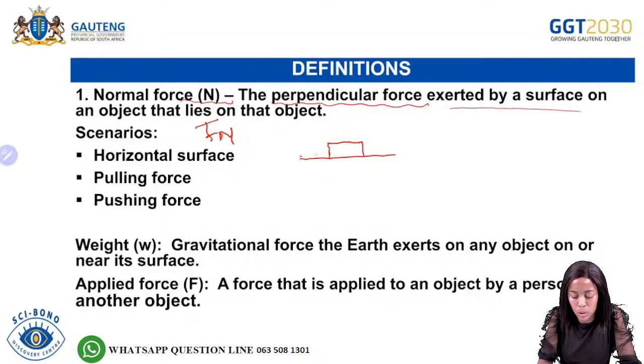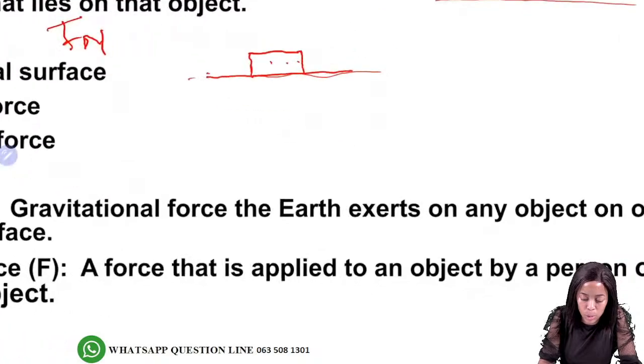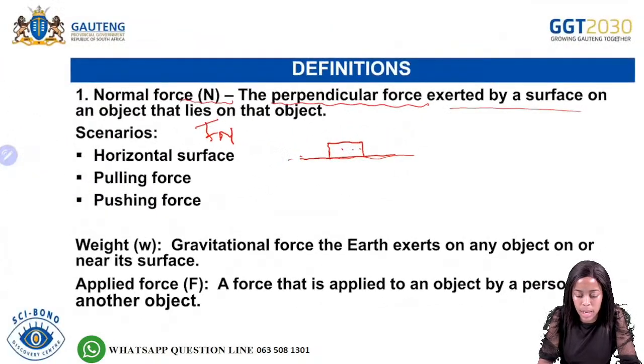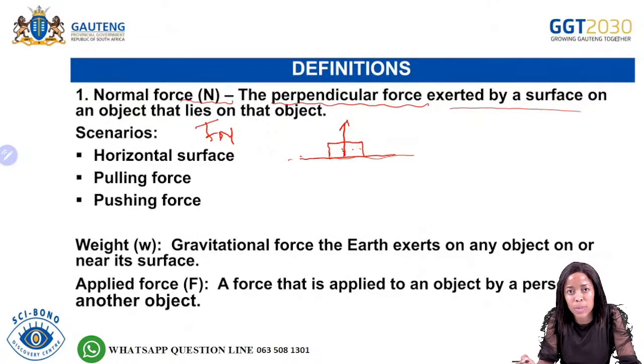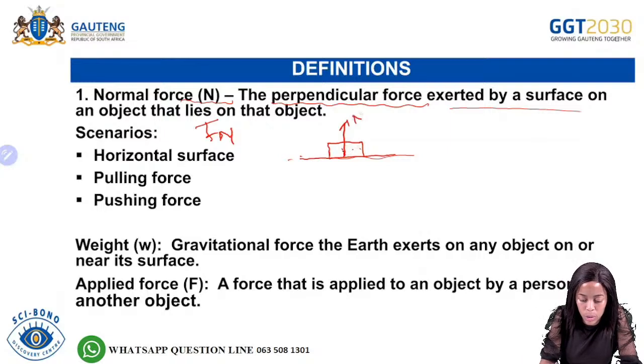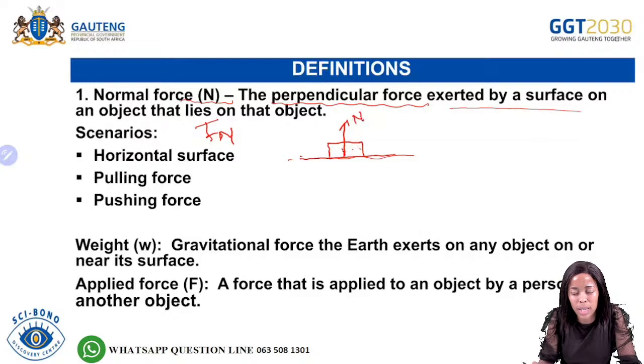So if this box is your object and this is your surface, then you are going to draw that force to be perpendicular. So it will be in that way, and the force must touch the surface. Then you would indicate your normal force with the capital letter N or with the capital letters F and N.